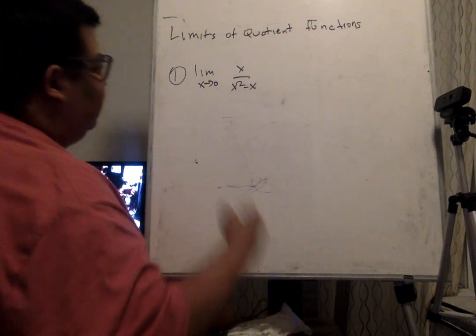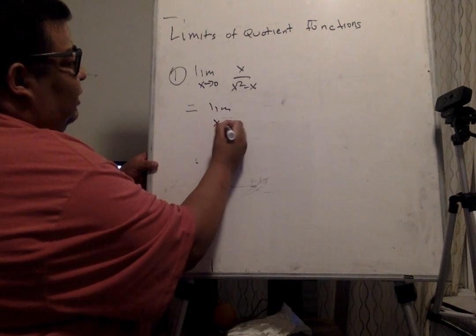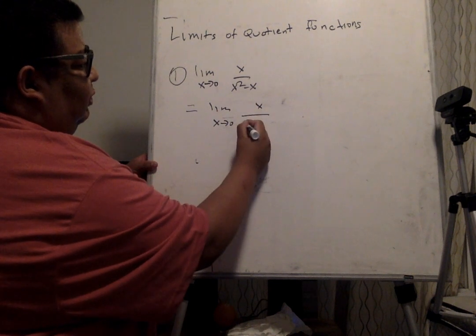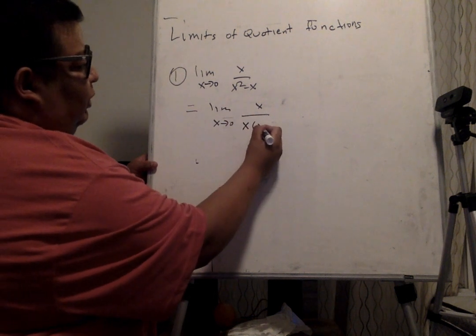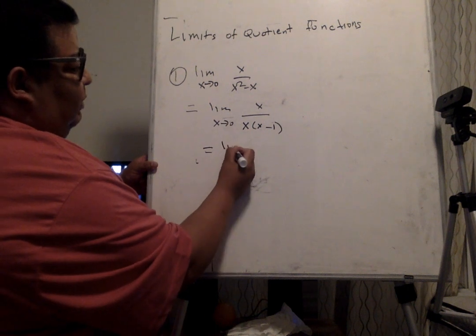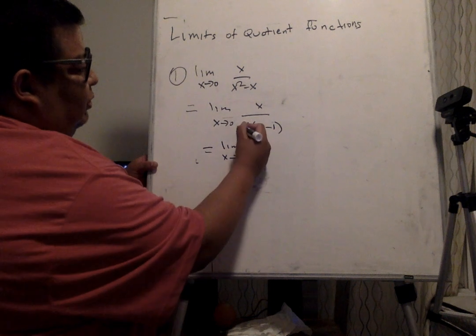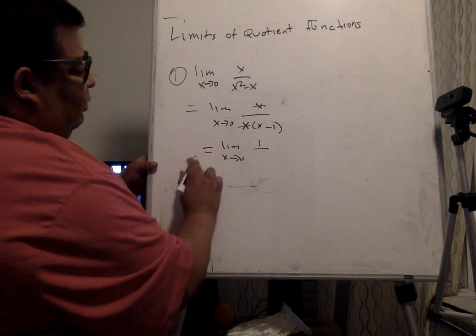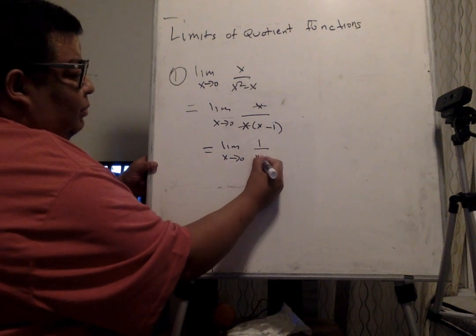The way we do it is like this. We do limit as x approaches 0 of x over, we factor an x from the bottom, and we're left with x minus 1. So that's limit as x approaches 0. This cancels, so we're left with 1 over x minus 1.